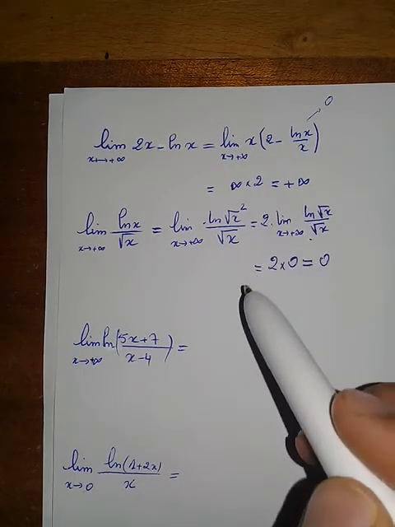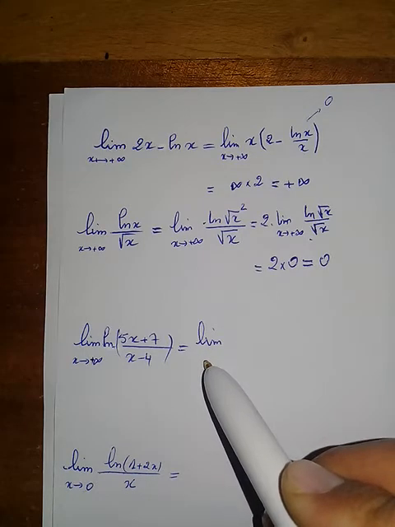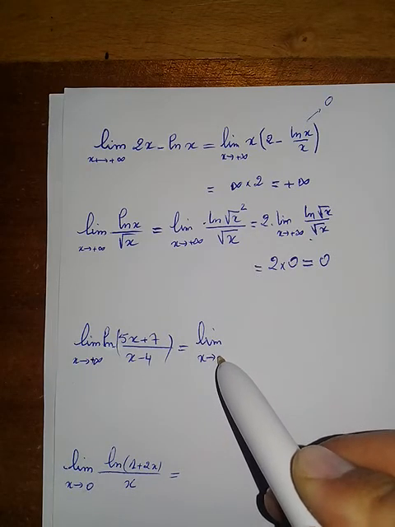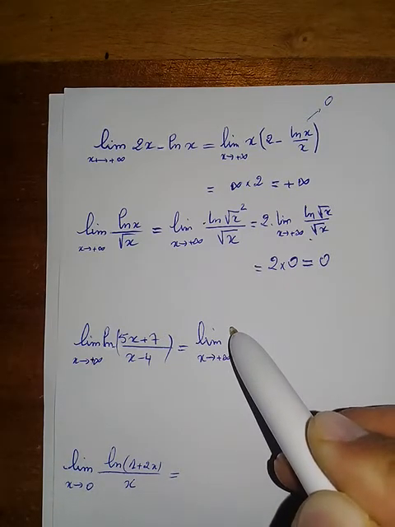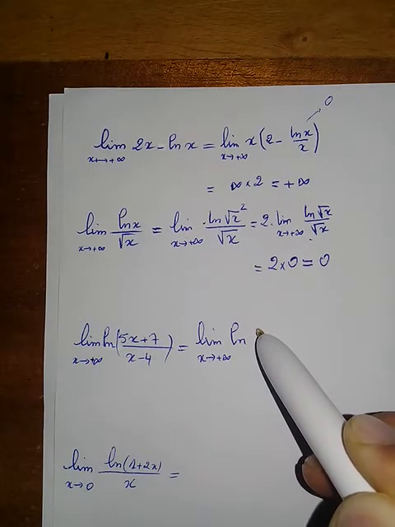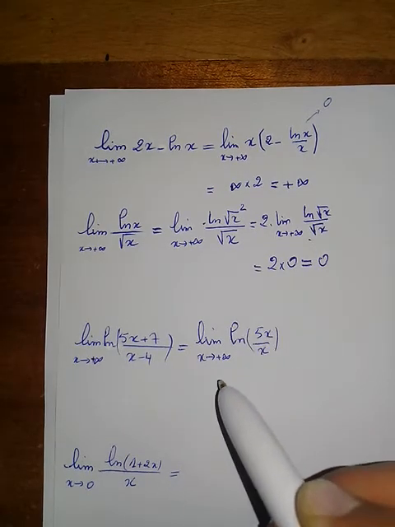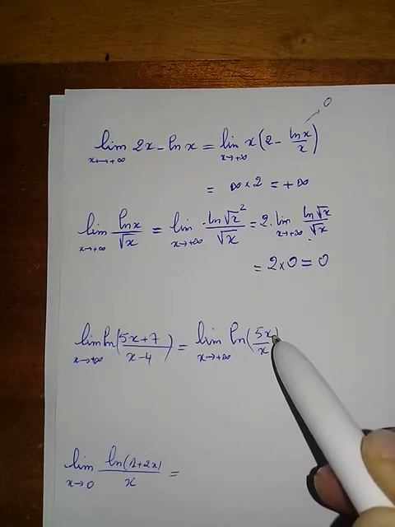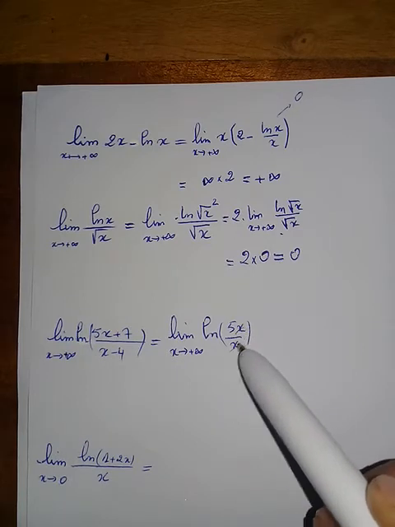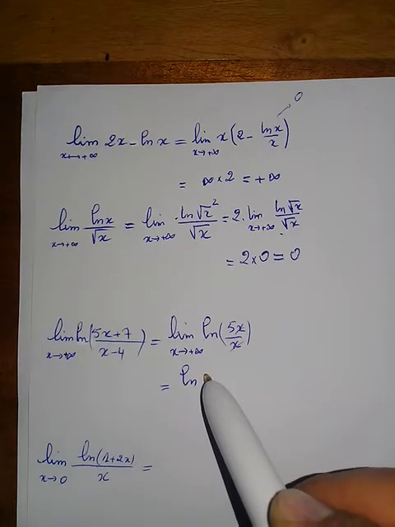So we can write the limit as x goes to plus infinity of ln of 5x over x. We can then simplify by x and get ln of 5.